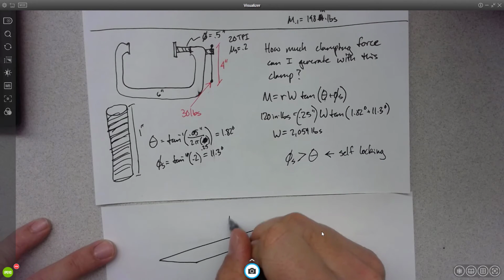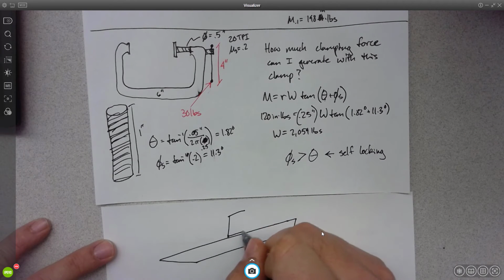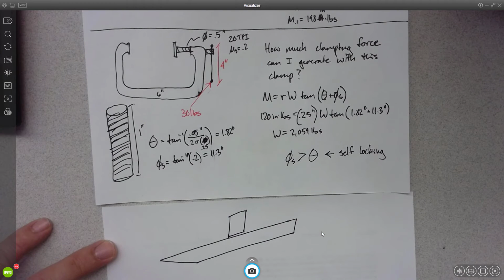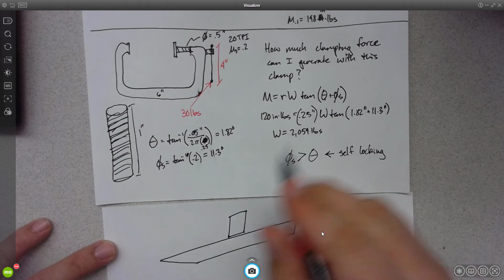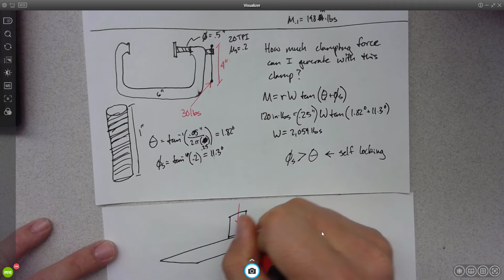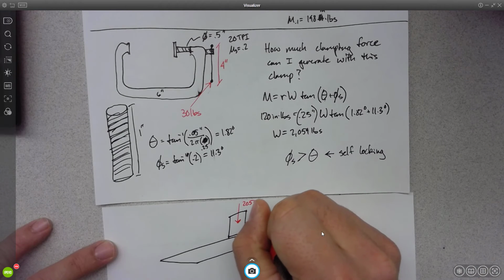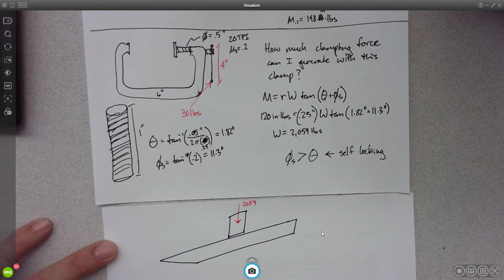This is our ramp. So we're saying we have 2,059 pounds of clamping force. We're going to have some normal, right? We're now going to unclamp it.